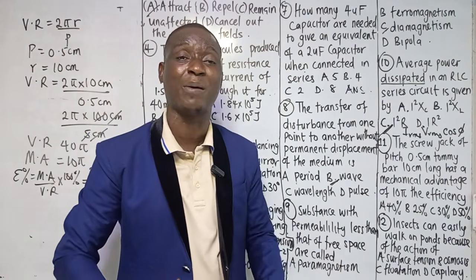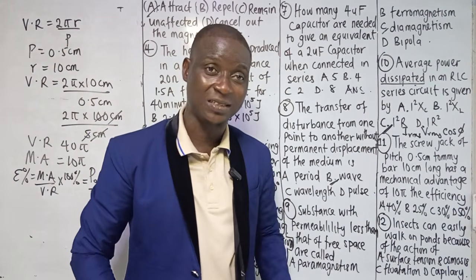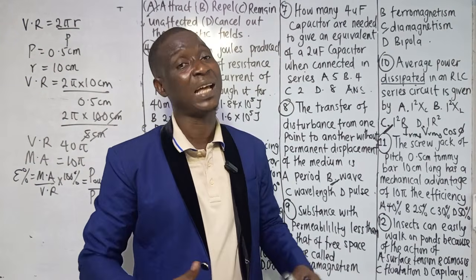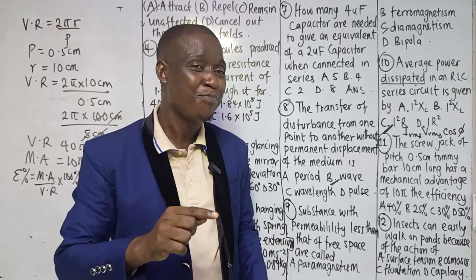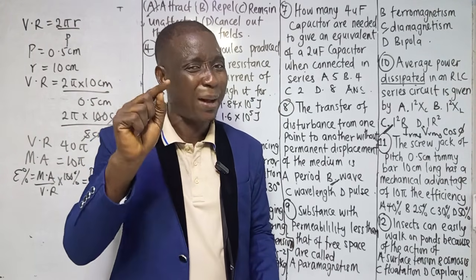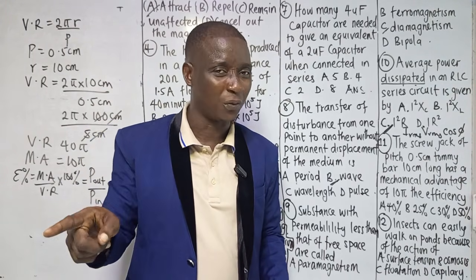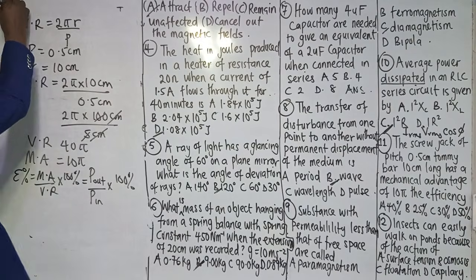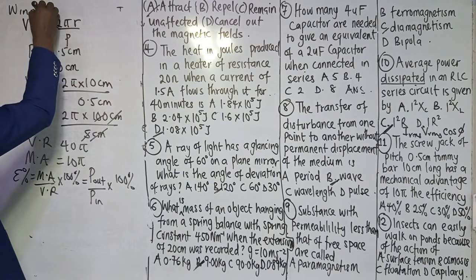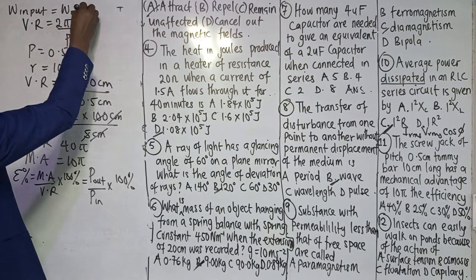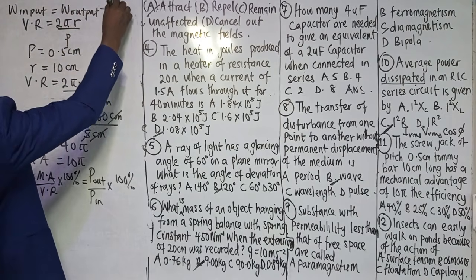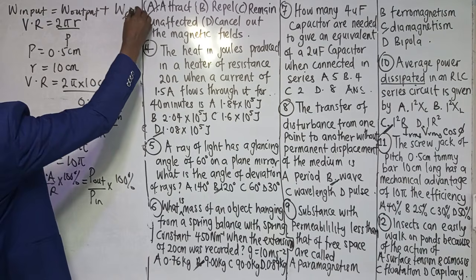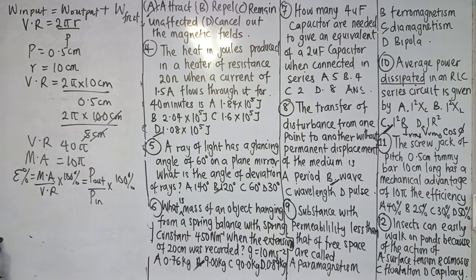Power input minus power due to friction gives us power output. So work input is equal to work output plus work due to friction. Don't forget, it's friction that really causes power loss and efficiency decrease.